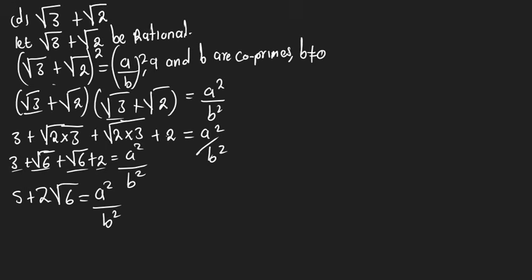This expression given can also be written as 2 root 6 equal to a power 2 over b power 2 minus 5 over 1. So this is going to be b to the power 2, then we're going to have a power 2 there, then we're going to have 5 b power 2.